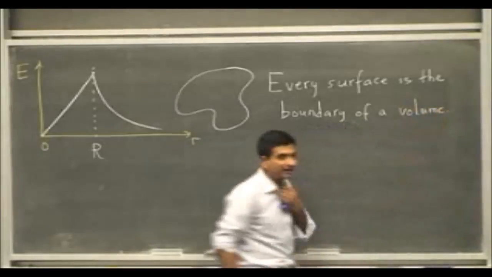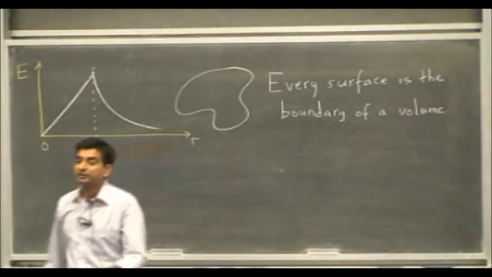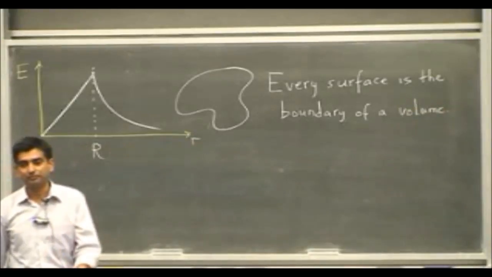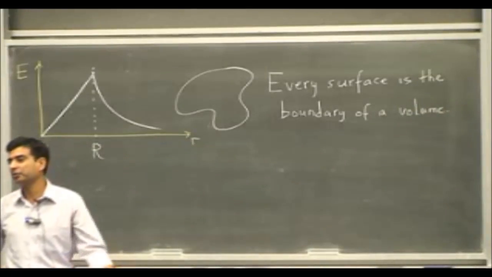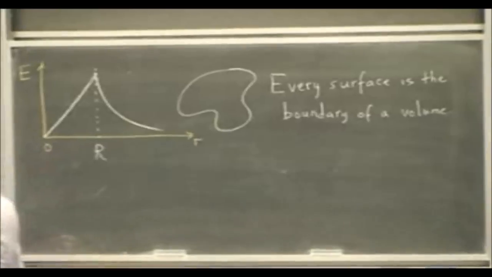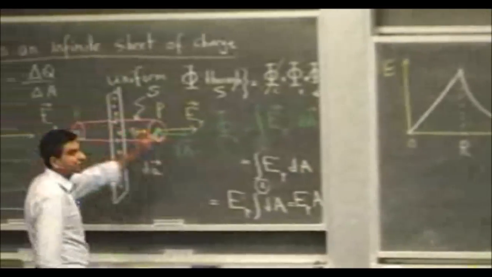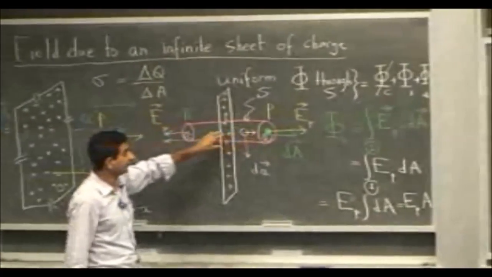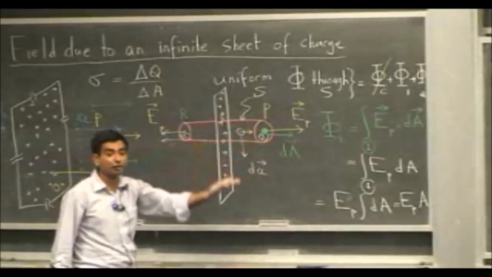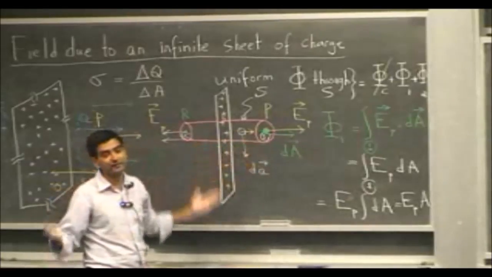And Gauss's law asks you to know the charge inside that volume. And this is another way of saying what's the charge enclosed by the surface. So you take this volume and see how much charge is enclosed by this surface, or how much charge exists inside the volume, on whose boundary this Gaussian surface has been drawn.